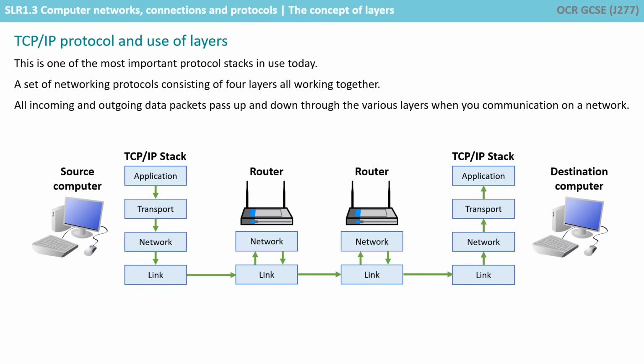It reaches the link layer or layer 1 and it gets sent on to the first router, where it moves up to the network layer and down again onto any other routers that are required on the way. When it finally reaches the destination computer, it travels back up the protocol stack.